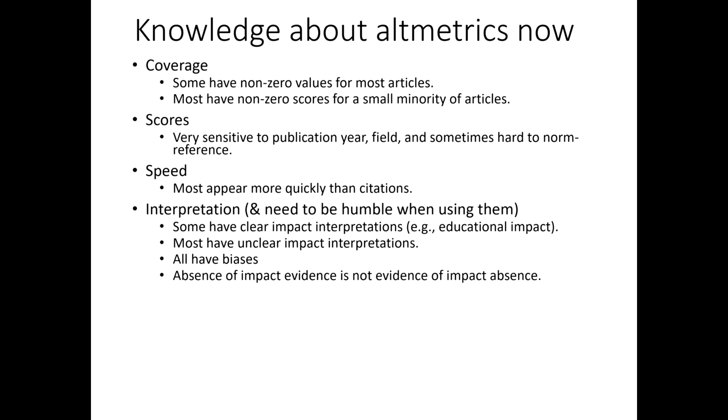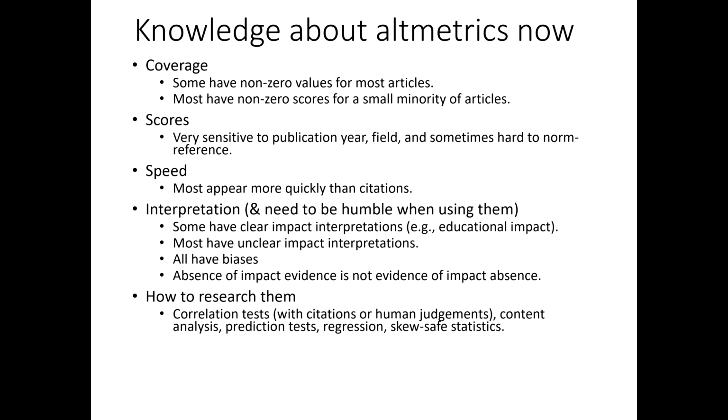It just means the Altmetrics haven't captured any evidence of impact. So you can have a legitimate reason why an important article hasn't had any Altmetric scores. It's particularly important to remember if you're an evaluator: you shouldn't be telling researchers your research has had no impact because nobody's tweeted it. That's a good way to upset people.